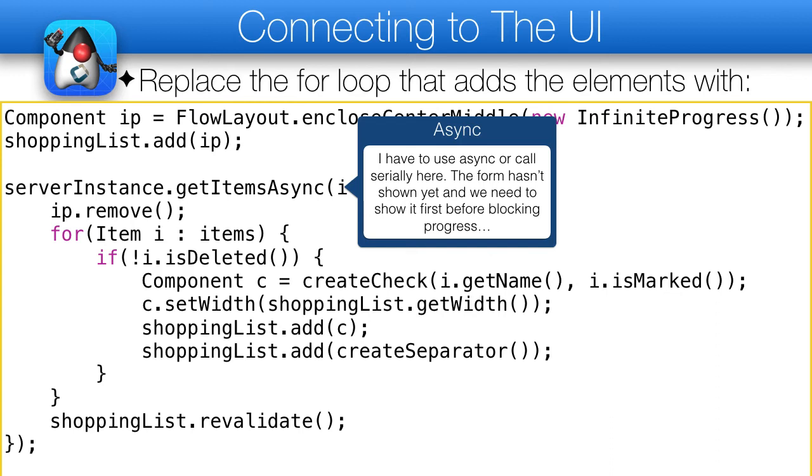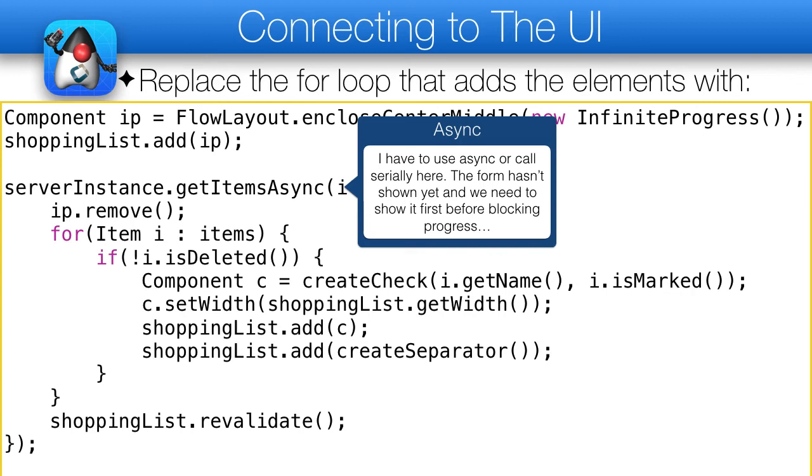But in this particular case, I'm before the stage where the shopping list form is already shown. So we initially need to show the form before we actually start doing anything. And this is the very first form in the application. And we also want it to appear regardless. If you're before show form, you don't want to use a sync call because it will block the form from showing. And that's kind of an important thing.